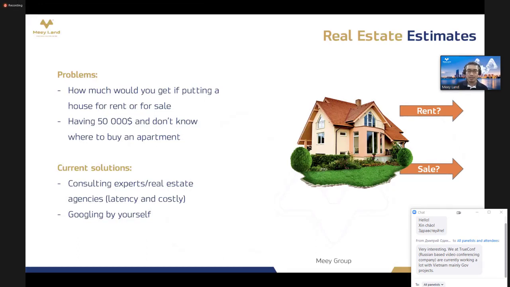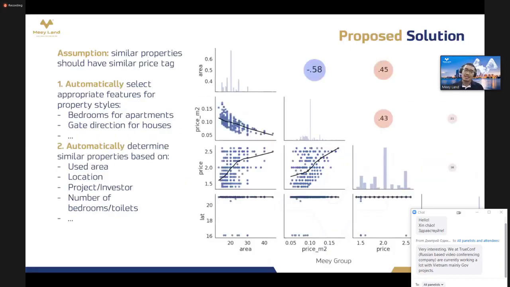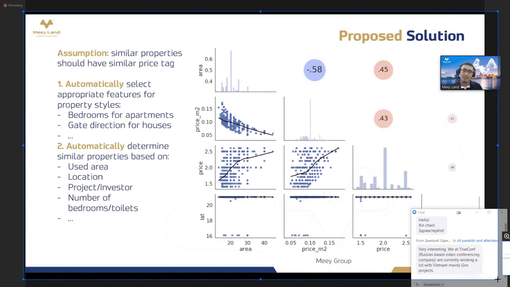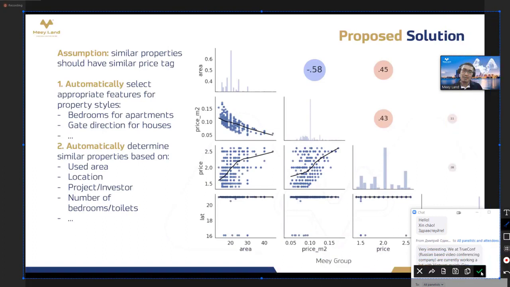If we can develop a system that can do that automatically, it will save a lot of time and money. In order to build a system that returns the price for a property when you put in some input, the assumption that we made is that similar houses will have similar price tags.